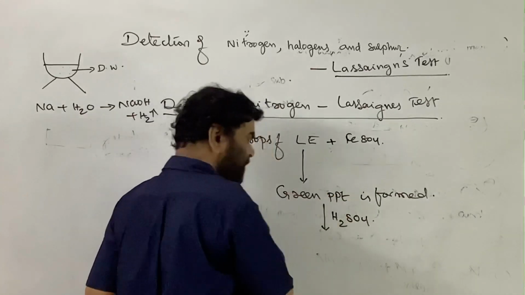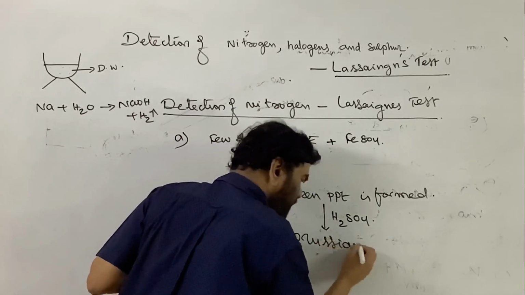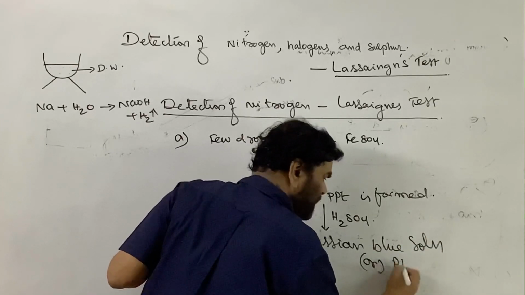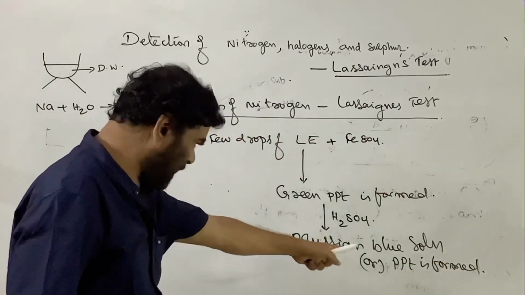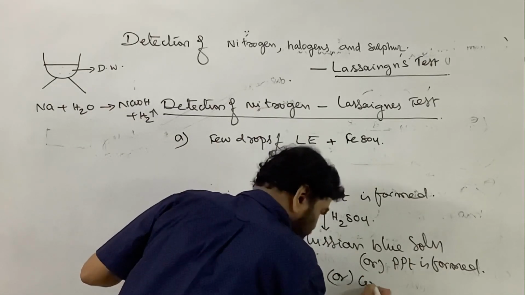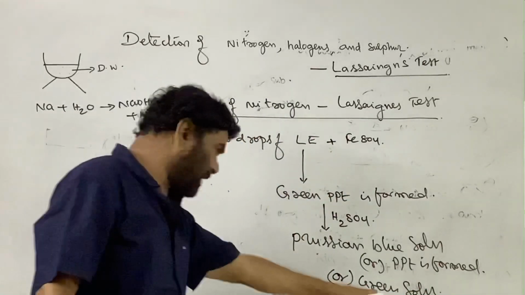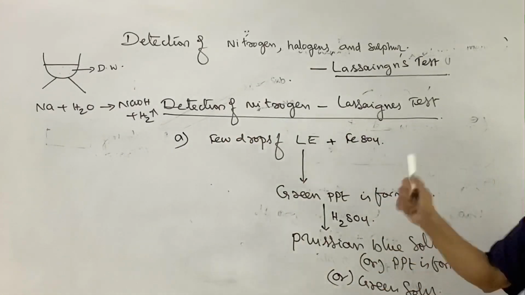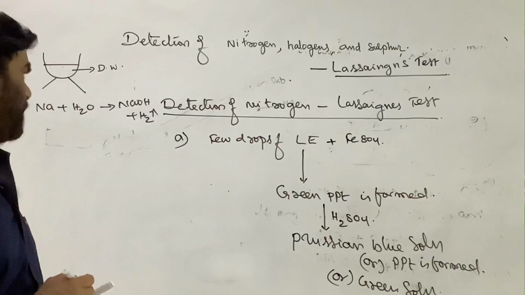After the addition of H2SO4, if a Prussian blue colored solution or precipitate, or a green solution or corresponding precipitate is formed, that indicates the presence of nitrogen in the original organic compound.